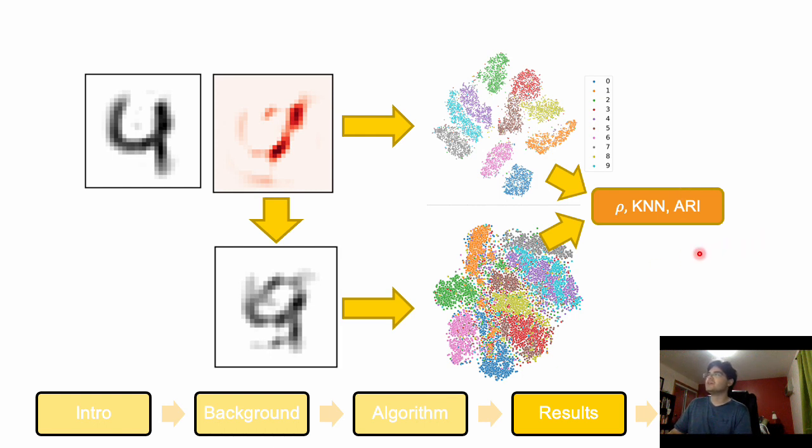The idea here is that if the corruption didn't do very much, then the digits would be very similar, the embeddings would be nearly the same, and the scores would be high. That would say that the attributions were not highlighting important features. But if the attributions were highlighting important features, then the embeddings after corruption would look very bad, and these scores would be very low.